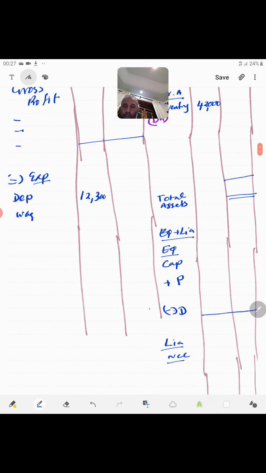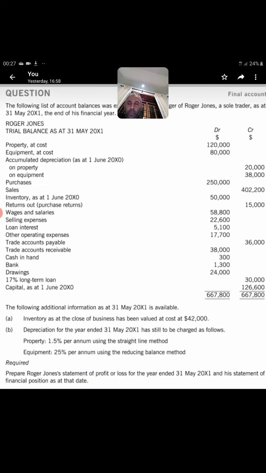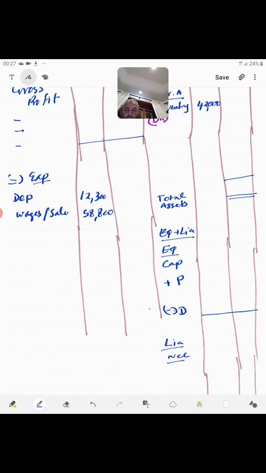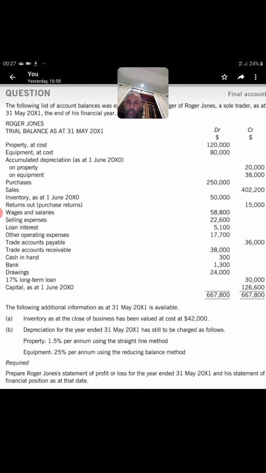What else you have? Selling expense 22,600. Then you have loan interest 5,100.